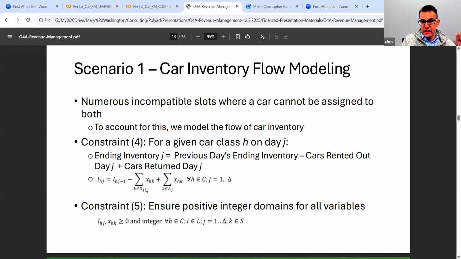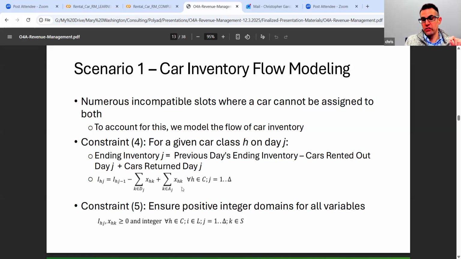So what is that? Again, for car class H, the total cars rented out of car class H on day J is, I'm going to sum across all my slots in D_J. Remember, D_J is that set of slots that have cars departing on day J. So summing across all those slots K, X_HK is going to be all the cars that are going out that day.